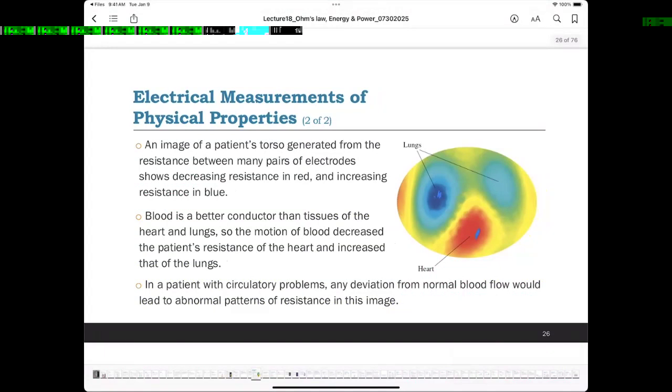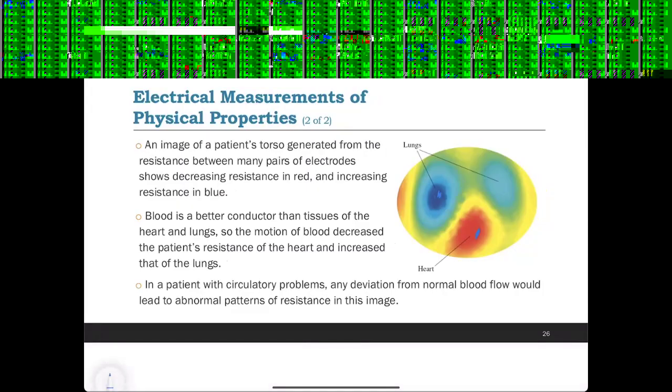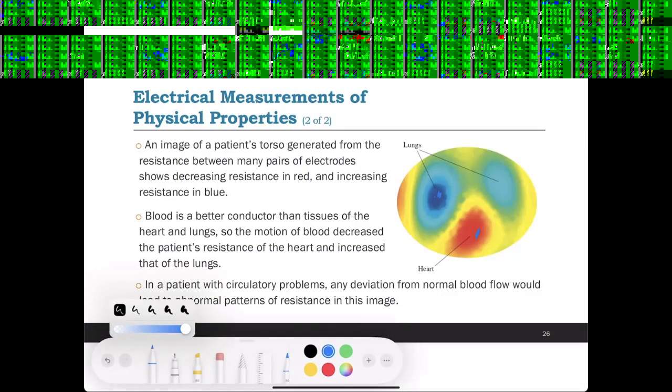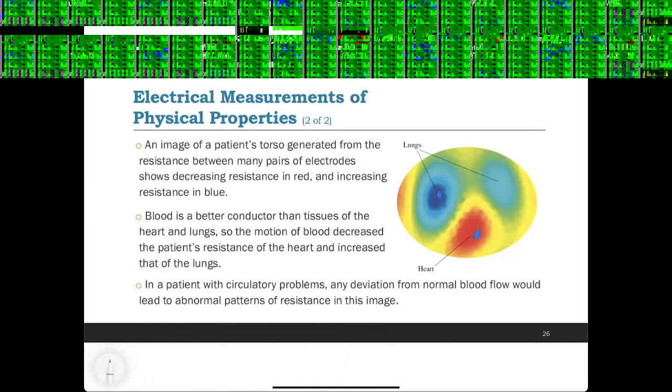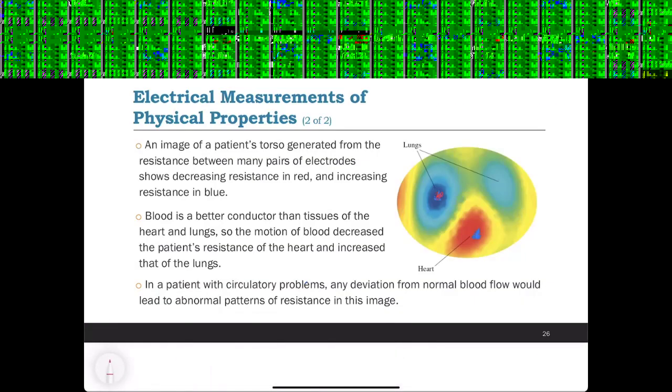The image shows decreasing resistance in red, which means the resistance here is smaller, and increasing resistance in blue, which means the resistance here is bigger.